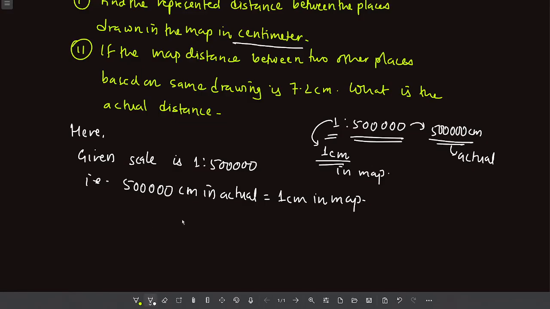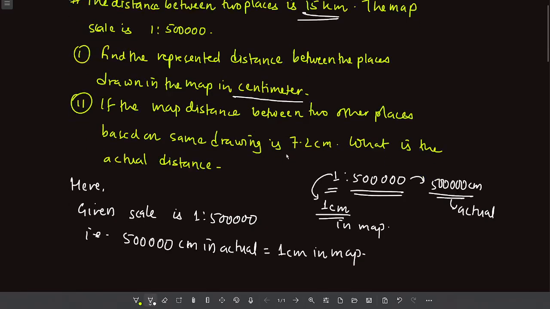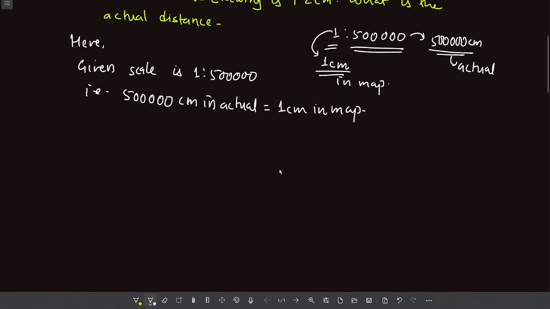You can write it like this also. Now, what is the actual distance between the places given in the question? The actual distance in the question is 15 kilometers, right? Now, 15 kilometers should be expressed in centimeter then.